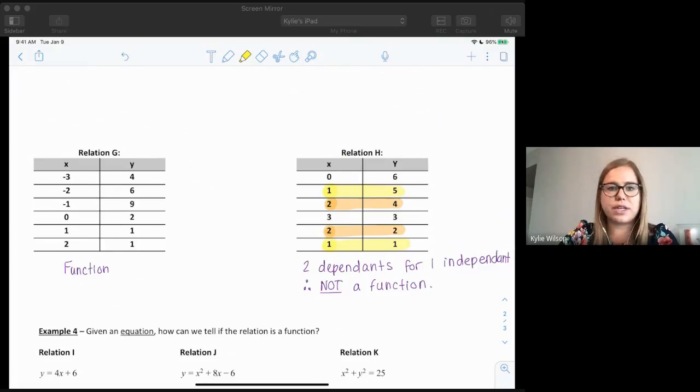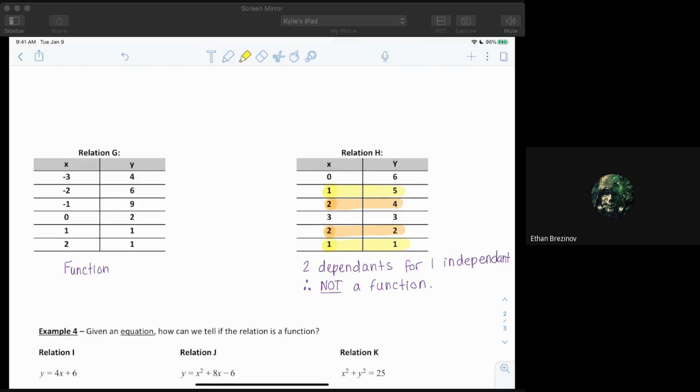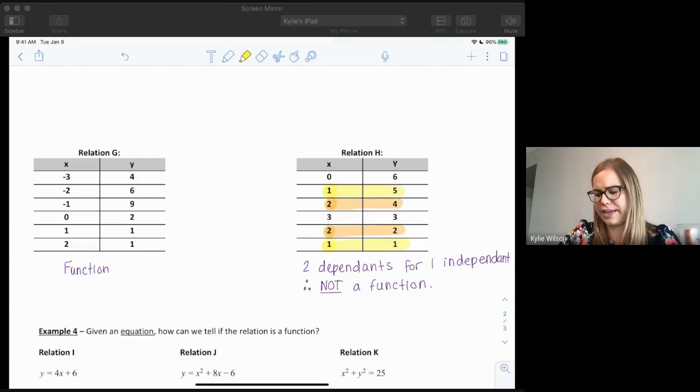Then, in order for it to be a function, it has to only have one dependent for every independent. So I could have all the same y's, and that's fine. But I could not have the same x's corresponding to different numbers. That's really the only rule.